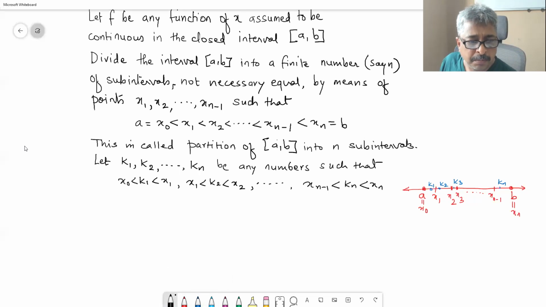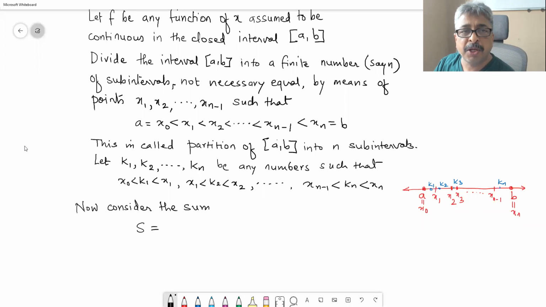Now consider the sum. S is equal to, you evaluate the given function f. f is a continuous function defined over a comma b. So evaluate f at k1 multiplied by x1 minus x0.